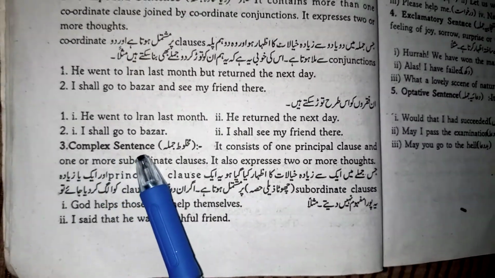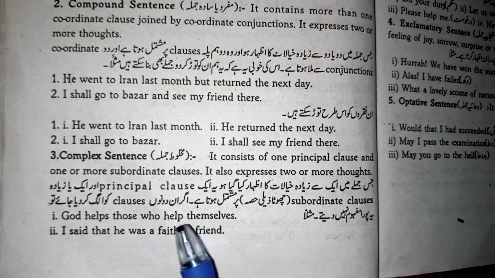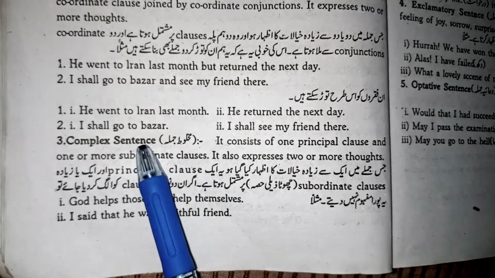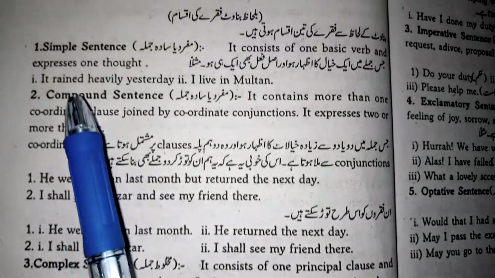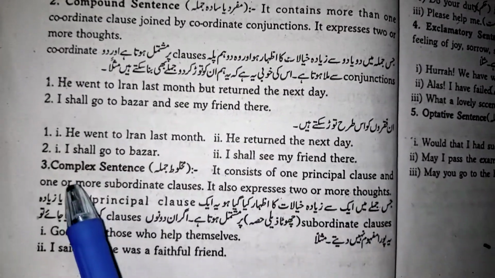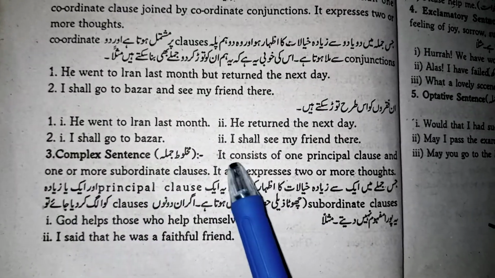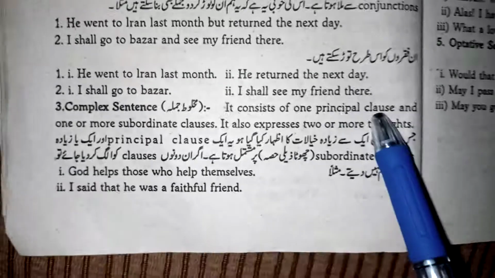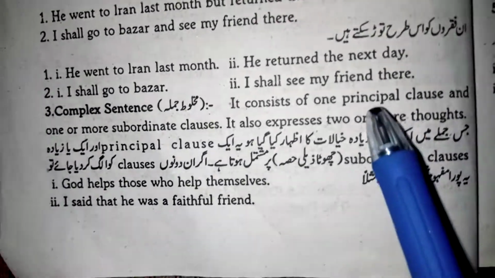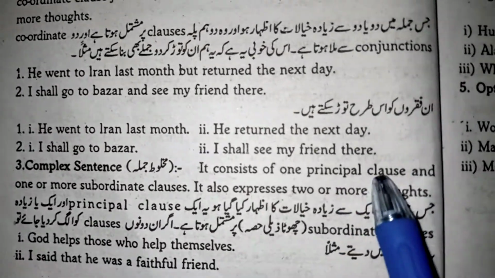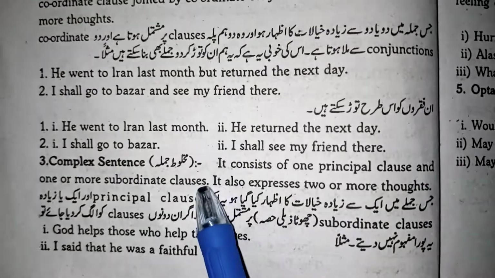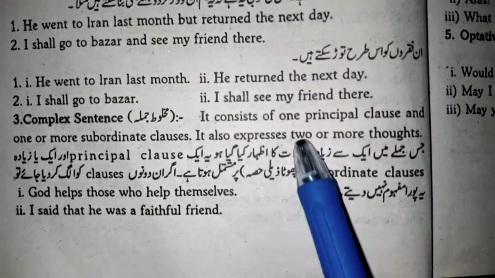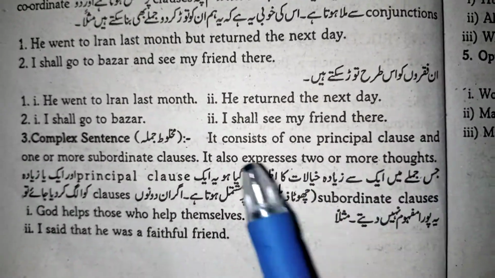The next type of sentence which we are going to read is the complex sentence. Now we see how the complex sentence is different from the above compound sentence. A complex sentence consists of one principal clause, principal meaning one main independent clause, and one or more subordinate clauses. It also expresses two or more thoughts.